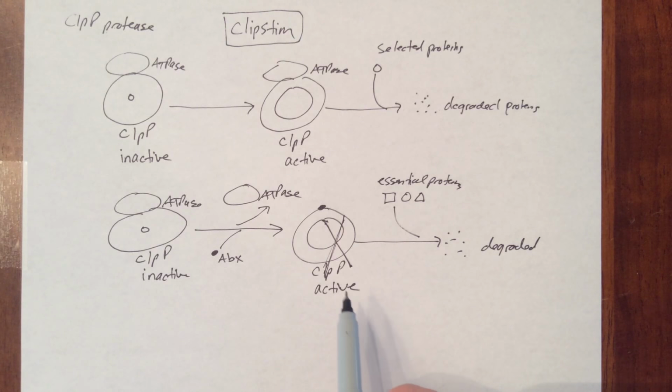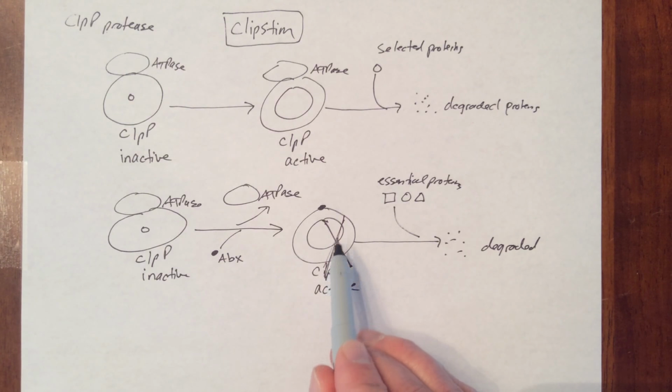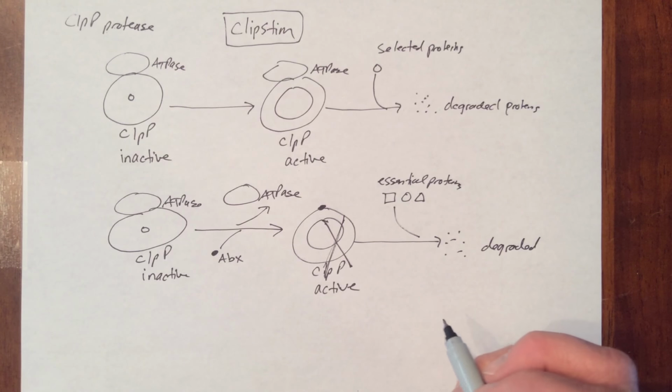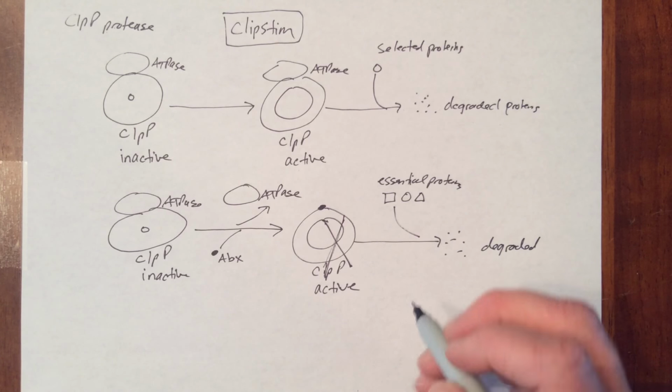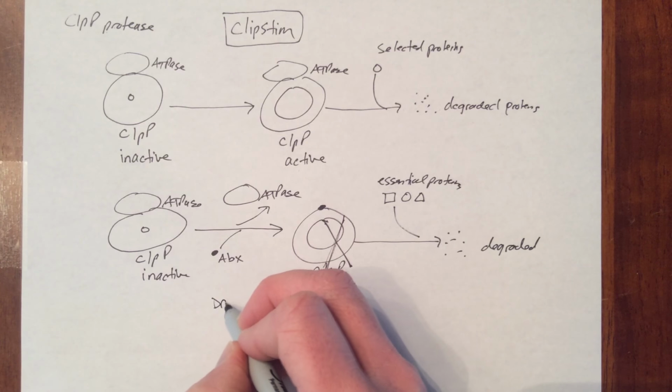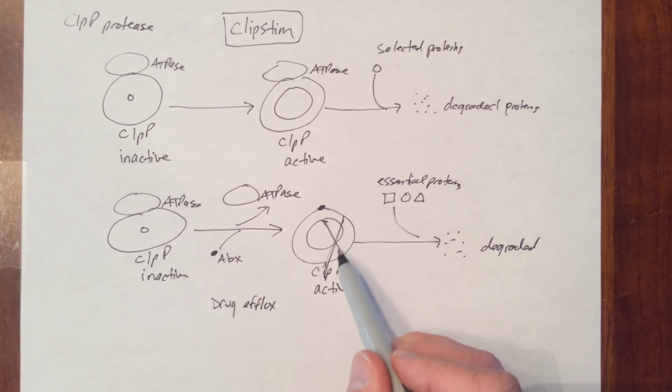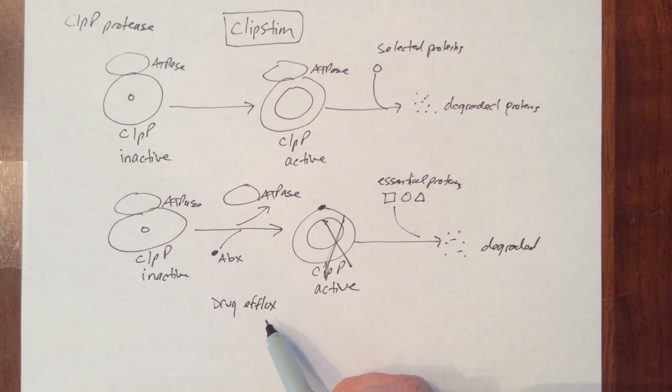So this might actually be a good thing for us if the bacteria made a mutation that inactivated the protease altogether. There are other mechanisms by which bacteria can become resistant, and one could be drug efflux. Instead of mutating the target, the bacteria can pump the drug out of the cell and become resistant that way.